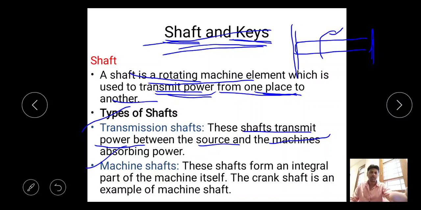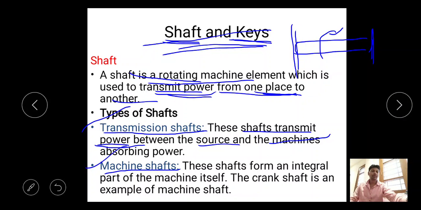So if you are using it for power transmission from one point to another point, then it is called a transmission shaft. Whereas the next type is machine shaft.